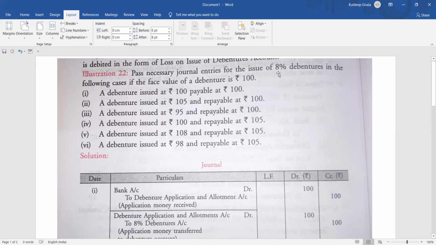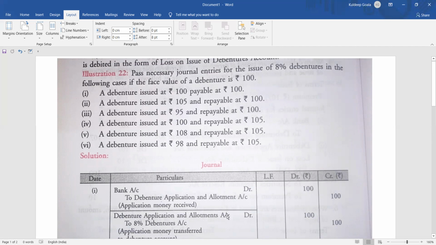One, it is the group, 8% group. This is the 8% group of debenture. ग्रुपिंग होता है, 8% ग्रुप होता है, 10% ग्रुप होता है, और ये 8% 10% क्या होता है पता है? Interest rate. This debenture holder will get 8% interest, but we are not required to show the interest yet, so relax. Okay, so what will be the entry? Transfer entry, debenture application and allotment account debit.